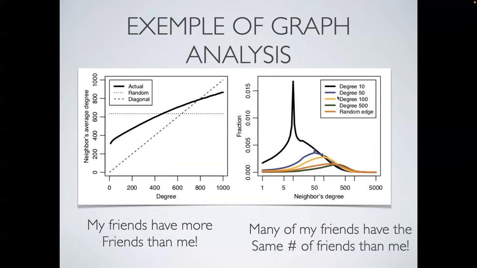The blue line here corresponds to people having a degree of about 50, so about 50 friends. And you count the degree of their neighbors in the Facebook network. And again, what you observe is that people who have approximately 50 contacts are connected with people having approximately 50 contacts too. So there is this kind of homophily also in terms of degree, which we call assortativity.